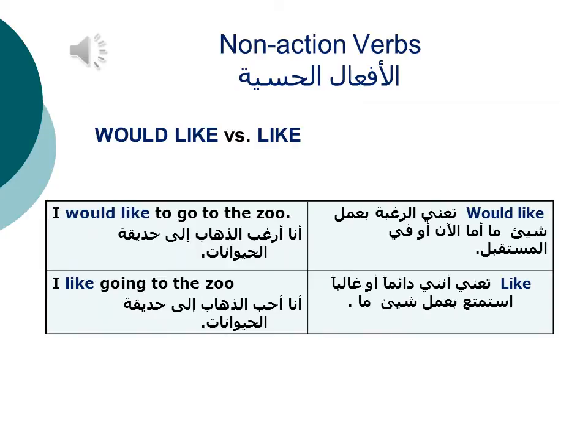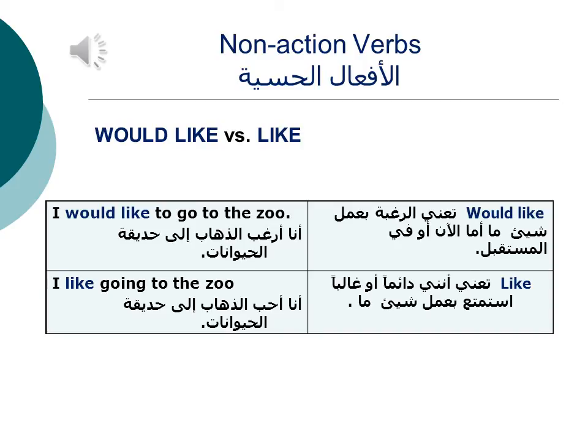In this slide, we look at two expressions with the verb like: would like versus like. And students often confuse between the two. Let's look at the first example. I would like to go to the zoo.